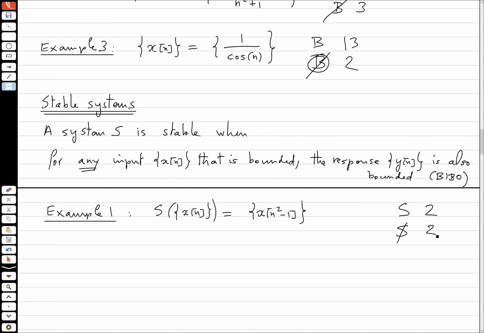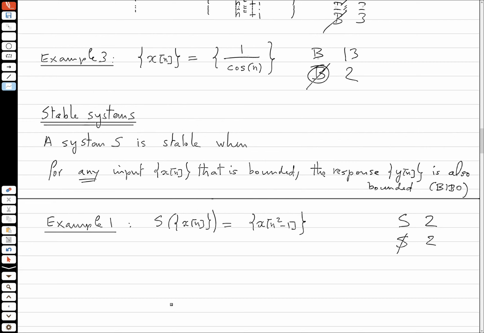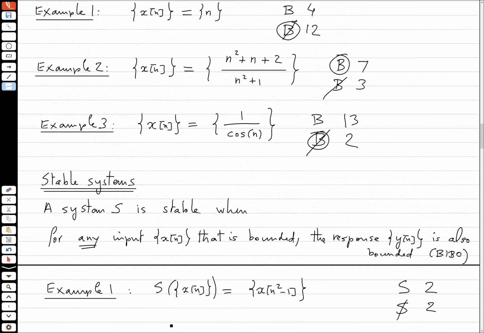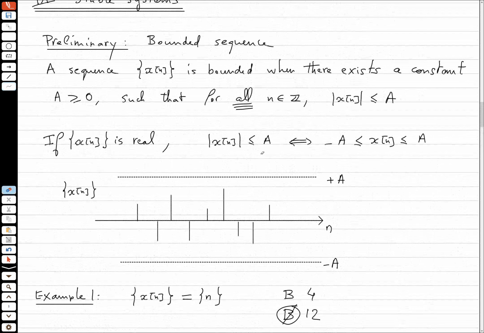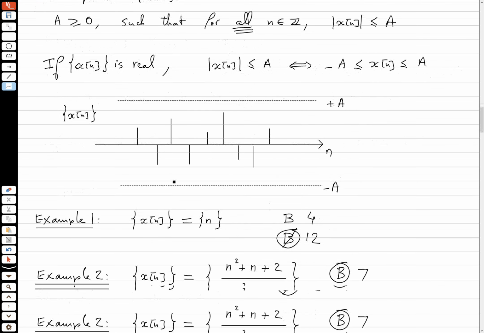All right, so to prove the system is stable, you have to take any input that is bounded and then observe what happens. So take x of n bounded. That means x of n is less than some constant a in absolute value. So you assume that your x of n is like that. Can you prove that y of n is going to have that property?